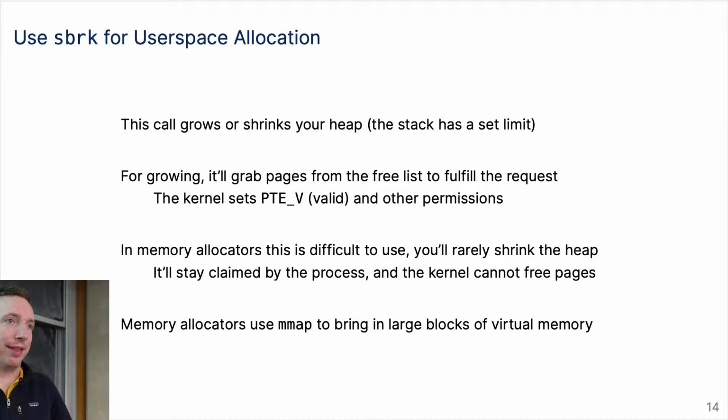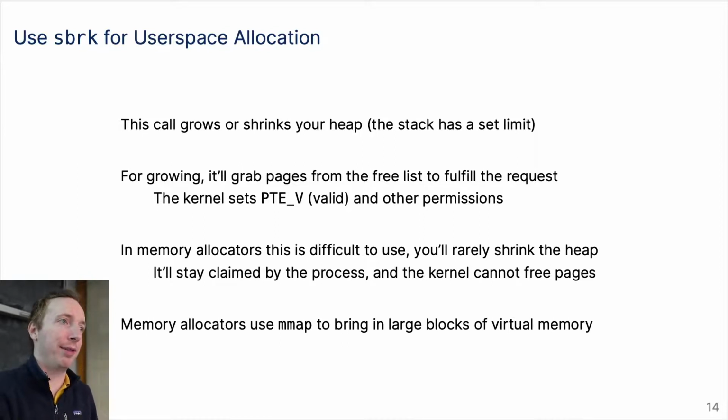So it kind of kicks the problem of having smaller allocations off to user space to deal with. What we'll talk about later is actually how to do memory allocation. And if you are a memory allocator, this is what you have to deal with. You can only grow and shrink the heap.